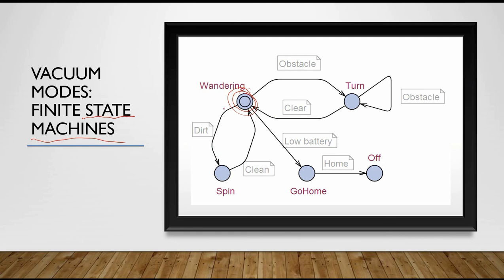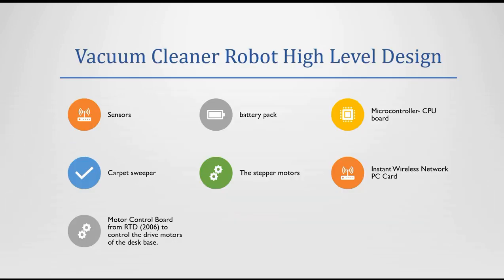The same thing here: if there is dirt, take the dirt and then clean. So this is the scenario, or the model of the system. In the end, maybe you can add low battery or no dirt, finished, all the room is clean, so go home and turn off. This is just how we model such a system.